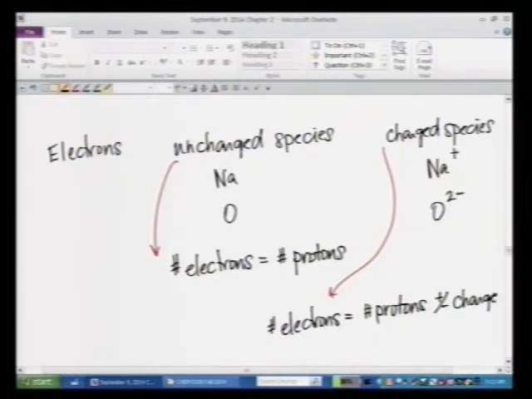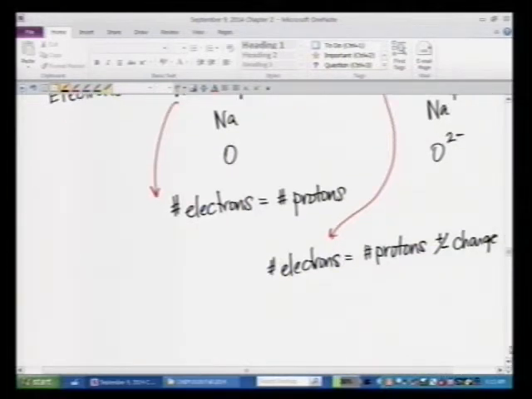We'll go through some examples once I've got all the definitions down. Okay, so we've gone over protons, we've gone over electrons. Next one up is neutrons.